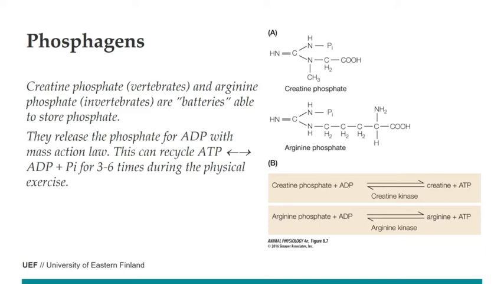And that's why when we are running fast, as long as we can, the ATP that is produced first in the mitochondria can go 3 or even 6 times from the contractile properties in the cells, and then back onto the creatine phosphate, and then back onto the contraction, etc. So it can go through this kind of cycle even 6 times.